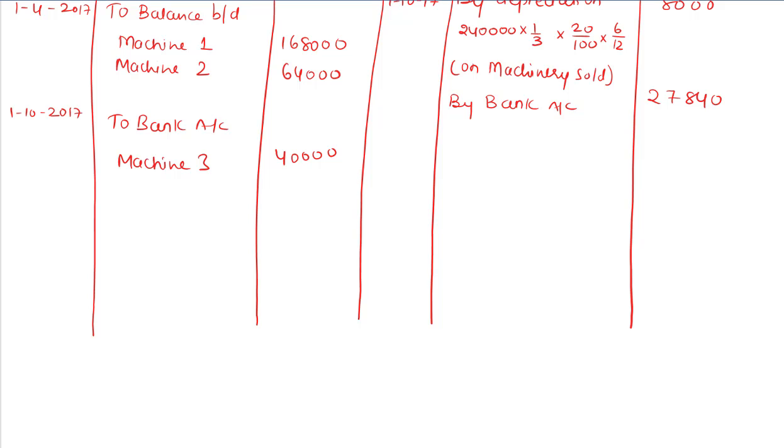Come to the question, and just write over here in the table, by profit and loss account, that is loss on sale of machinery. What is the loss?